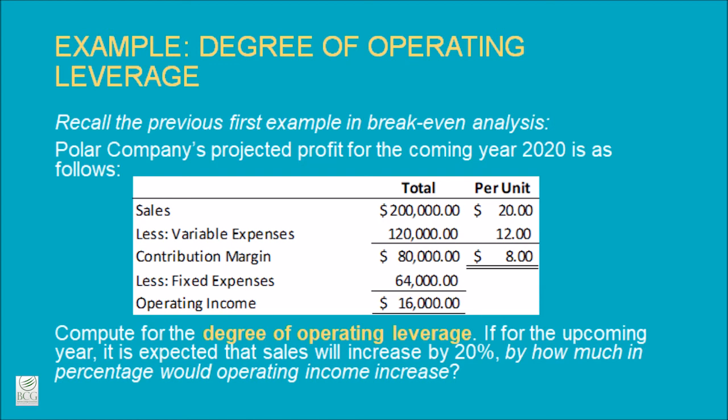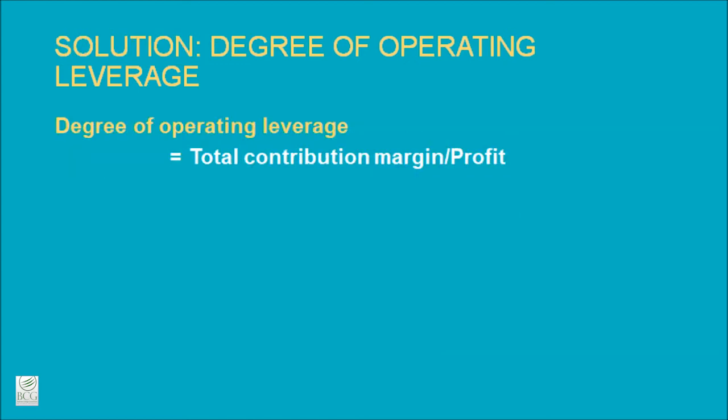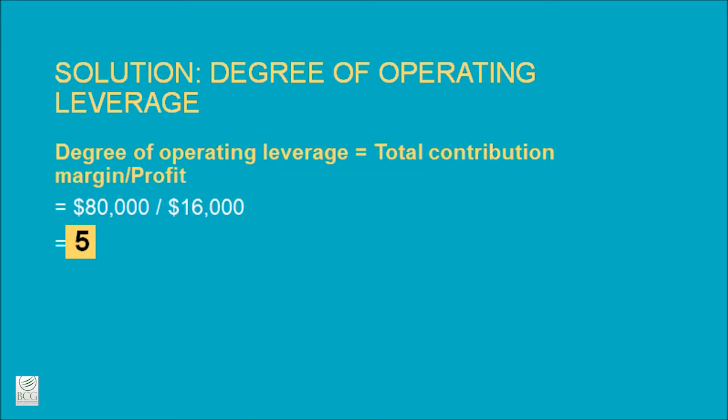To answer these requirements, recall that the degree of operating leverage is equal to total contribution margin divided by the profit. We were given the profit or operating income, which is $16,000, and the contribution margin as presented in the problem is $80,000.